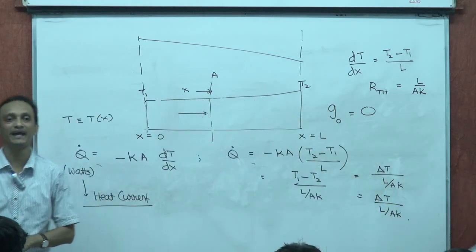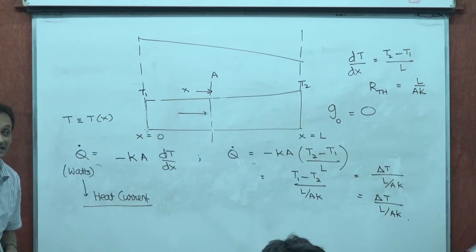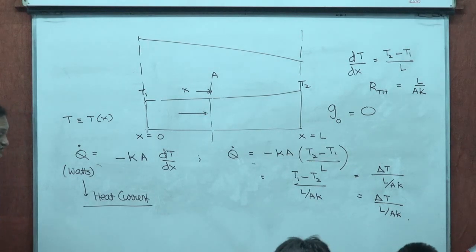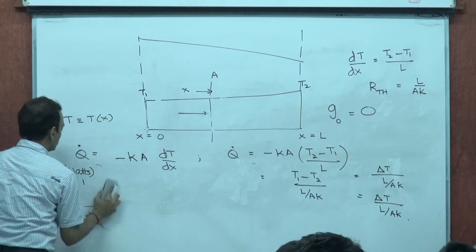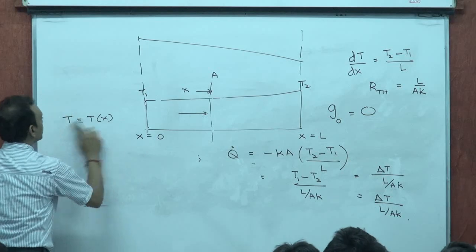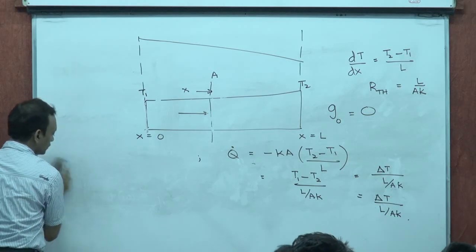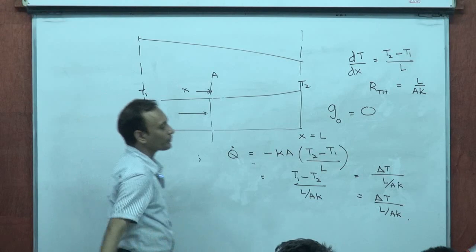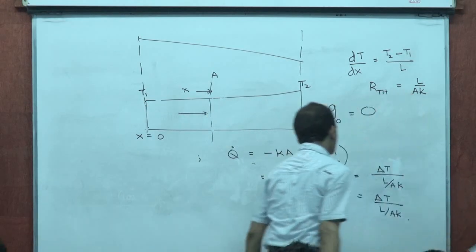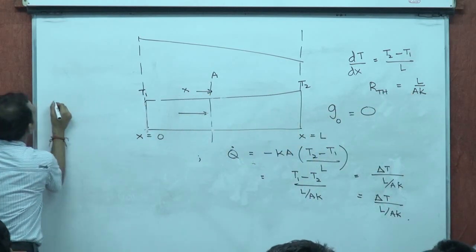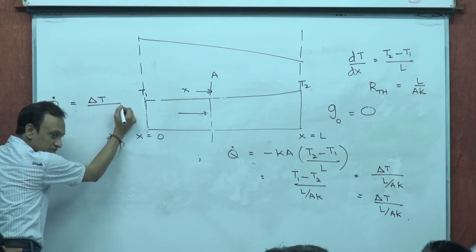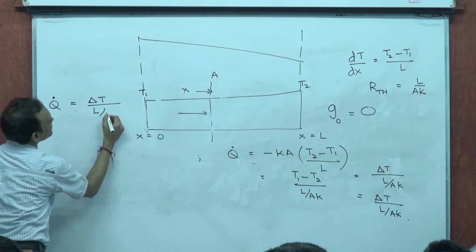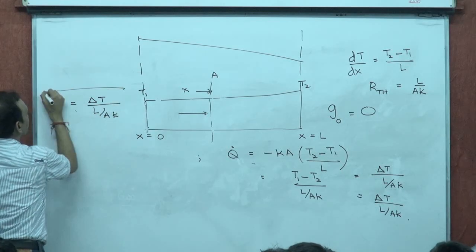Clear? So the heat current is delta T, like the potential difference, divided by the thermal resistance L by AK.